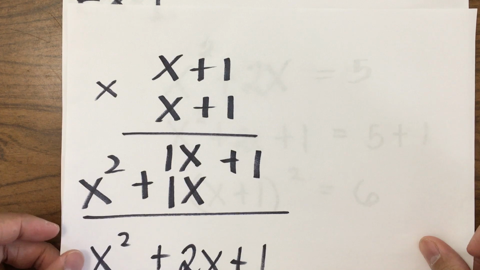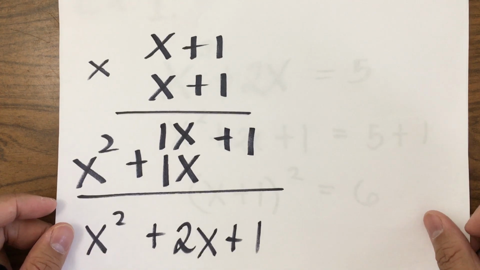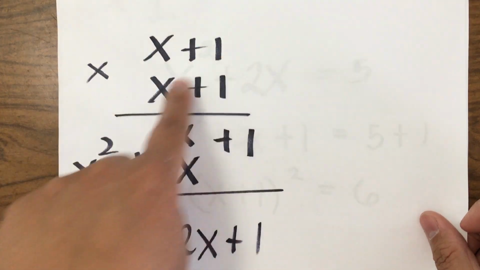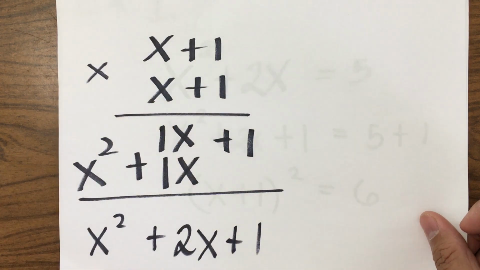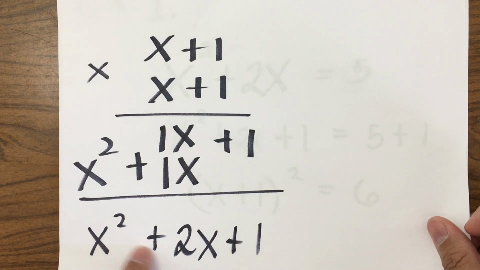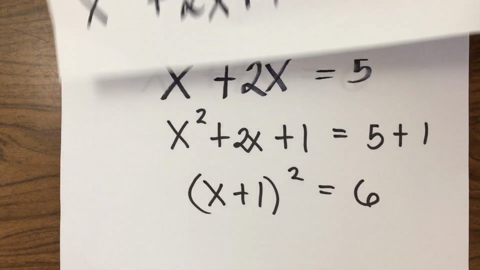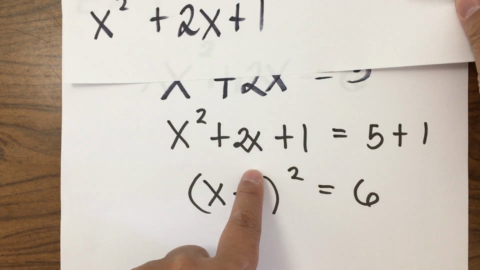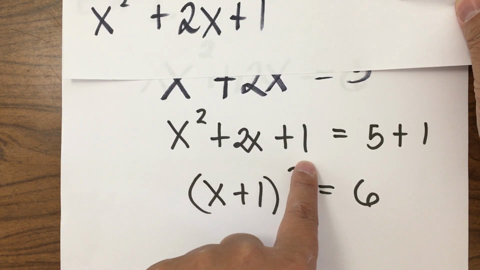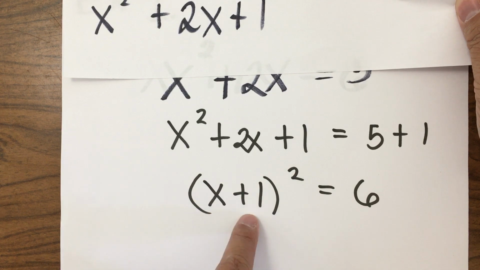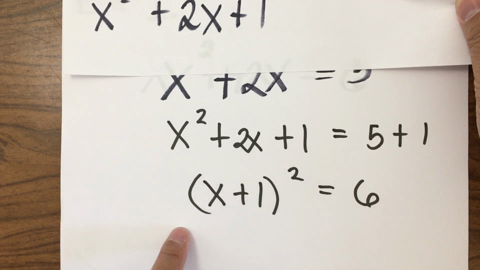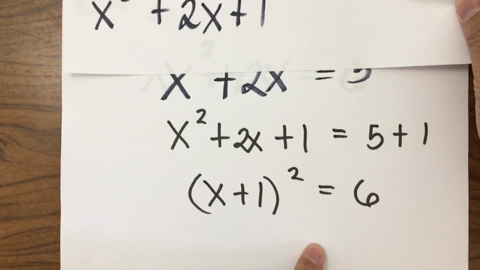Since we added 1, we just made the expression a perfect square. When you multiply x plus 1 times x plus 1, at the end it gives you x squared plus 2x plus 1, which is this equation. So we can now write it as (x plus 1) squared, or (x plus 1) times (x plus 1).